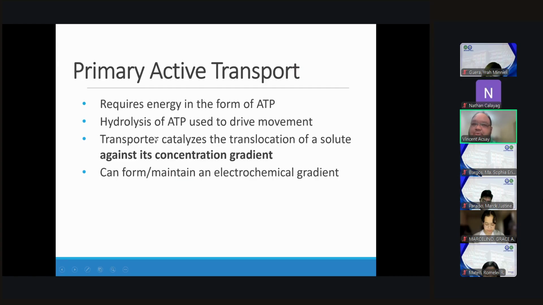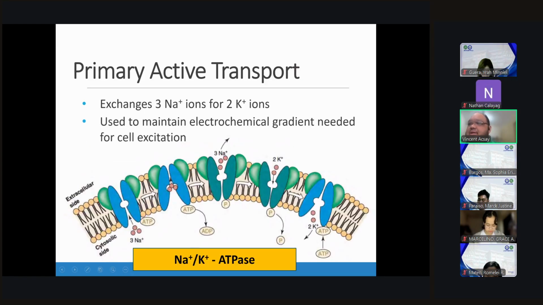So for active transport, the hydrolysis of ATP is used to drive movement, and the transport is catalyzed against its concentration gradient. So for primary active transport, you can form and maintain an electrochemical gradient. An example, something that you may recall from the absorption of dietary proteins, is the Na-K ATPase for primary active transport.